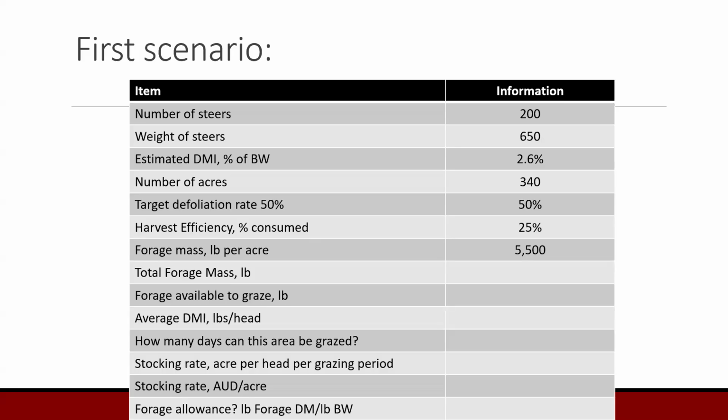We need to know how much total dry matter intake these animals are having. So 650 times 0.026, they're eating 2.6% of their body weight. 16.9. So on average, they're going to eat 16.9 pounds of forage per day. If we know how many pounds is actually available for the animals to eat, divide that by 16.9 times 200 head, and we can calculate how many days we can graze these cattle in the system.